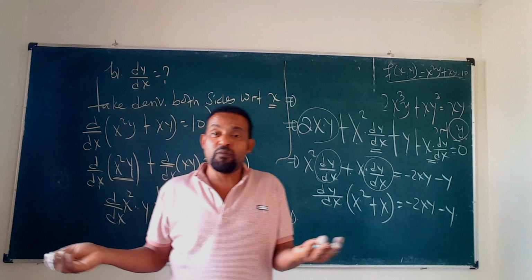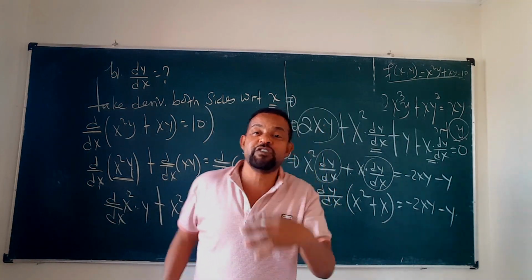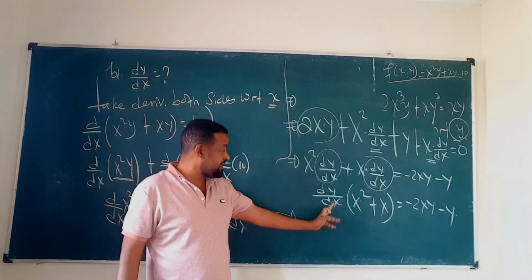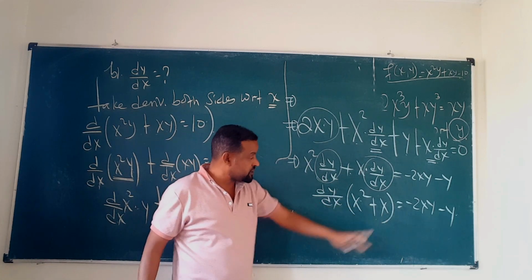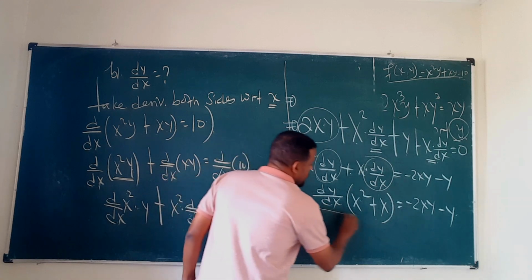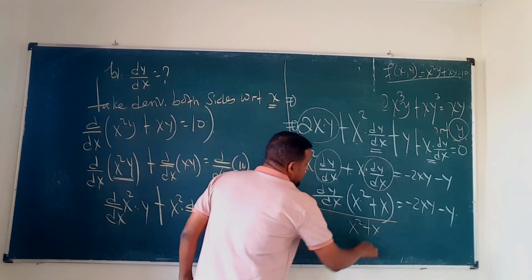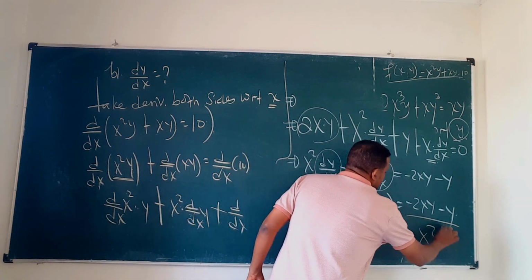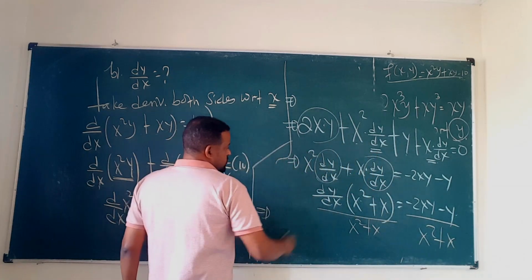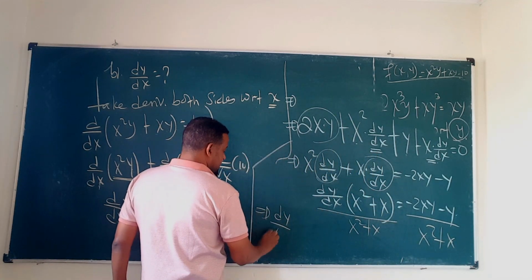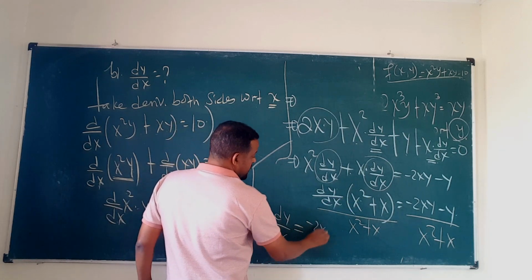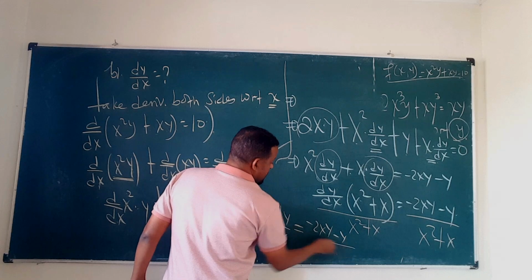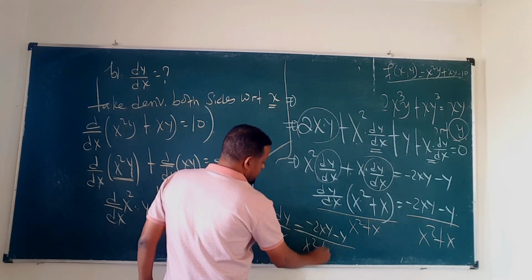What is our problem? Our problem is to find the rate of change of y with respect to x, that means find dy/dx. So to get dy/dx, you just divide both sides by x squared plus x. So dy/dx is equal to negative 2xy minus y over x squared plus x.